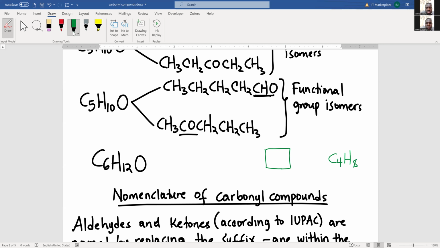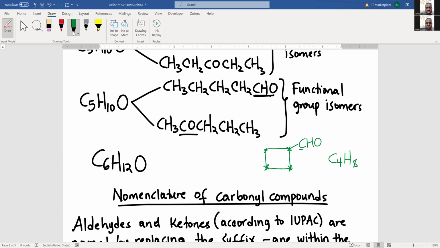C4H8. Now I want 5 carbon atoms. Maybe I can create a branch. C, now there are 5. And also the hydrogens are supposed to be 10. Maybe I first look at that. So if I have this, then this is 1, 2, 3, 4, 5 carbon atoms. The carbon atoms are 5.